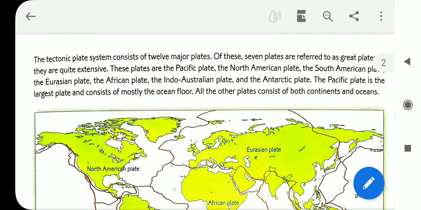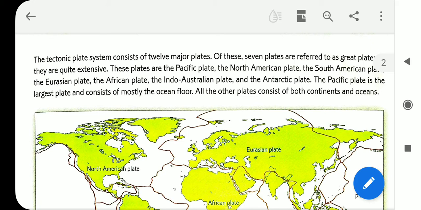These plates are the Pacific Plate, the North American Plate, the South American Plate, the Eurasian Plate, the African Plate, the Indo-Australian Plate, and the Antarctic Plate. These are the 7 great tectonic plates out of 12.